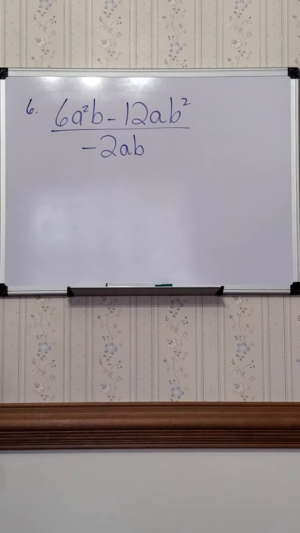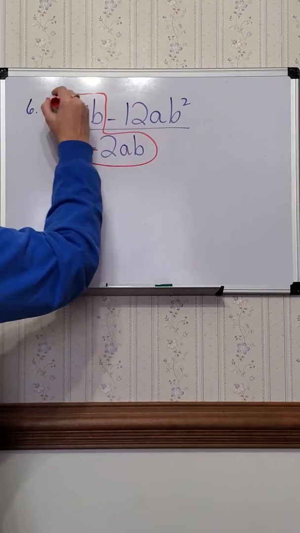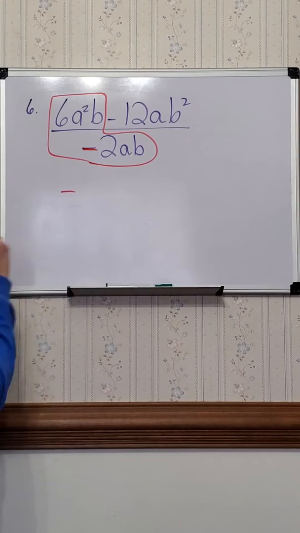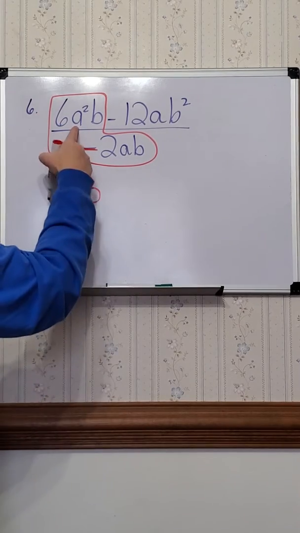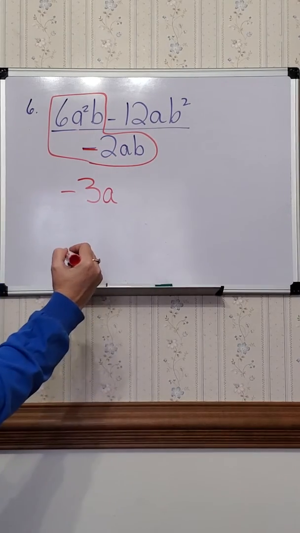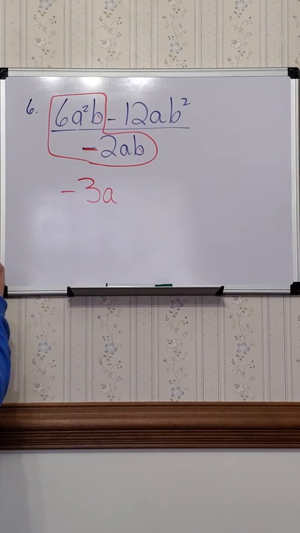It's very important to remember that we are dividing by a negative number here. We can't just let that go. So here, I've got a positive divided by a negative, so that's going to give me a negative. 6 divided by 2 is going to be 3. a squared divided by a is going to give me a, but notice my b's are going to cancel out here. So I don't have a b to bring down.